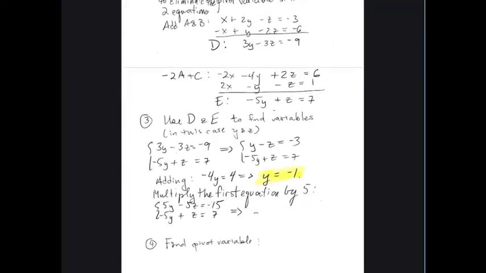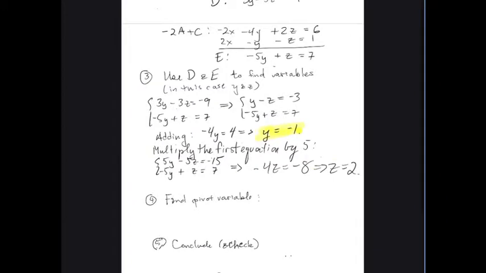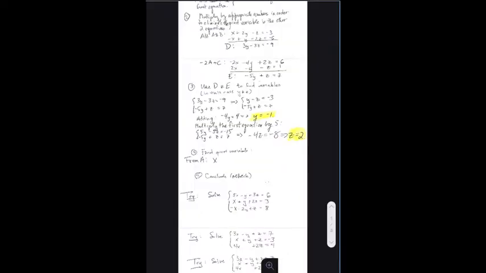Gives us negative 4z equals negative 8. We're going to use the information we found about z and y to find x. So we know from the first equation A, x plus 2y minus z.